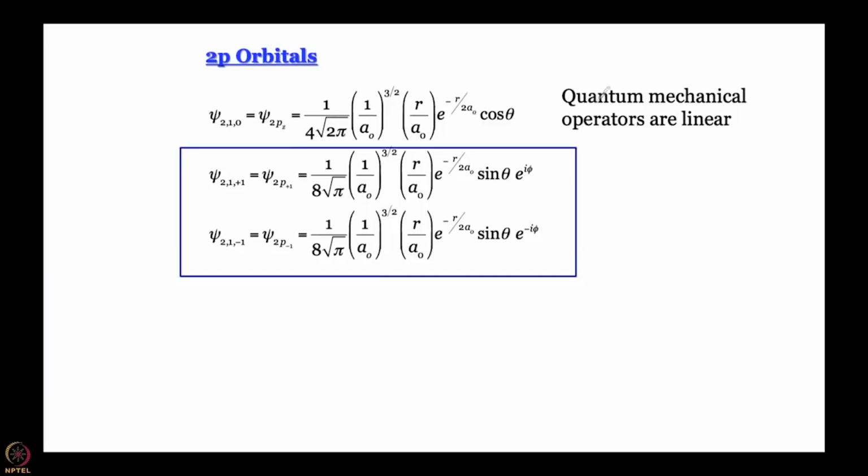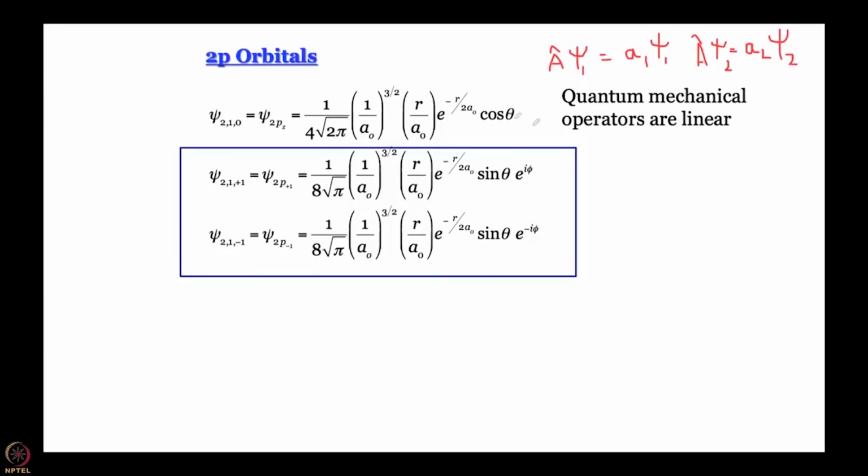What I am saying is, let us say I have some operator A hat operating on psi 1 to give some eigenvalue A1 psi 1, and A hat operating on psi 2 to give A2 psi 2.